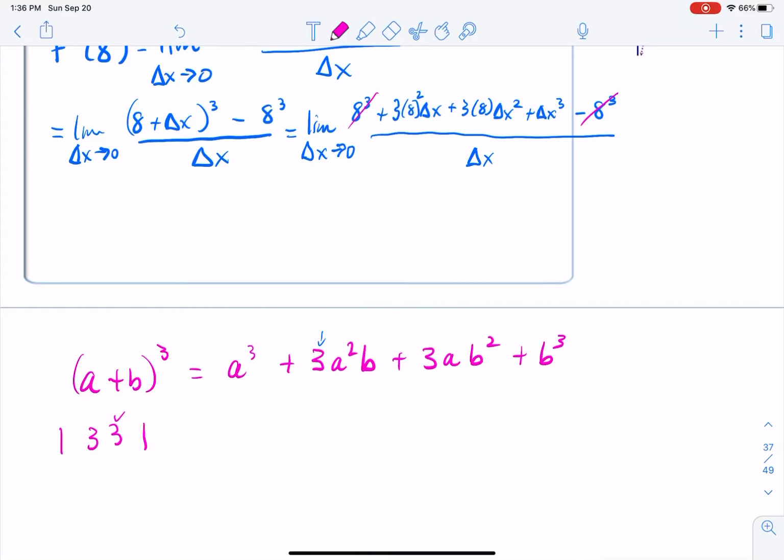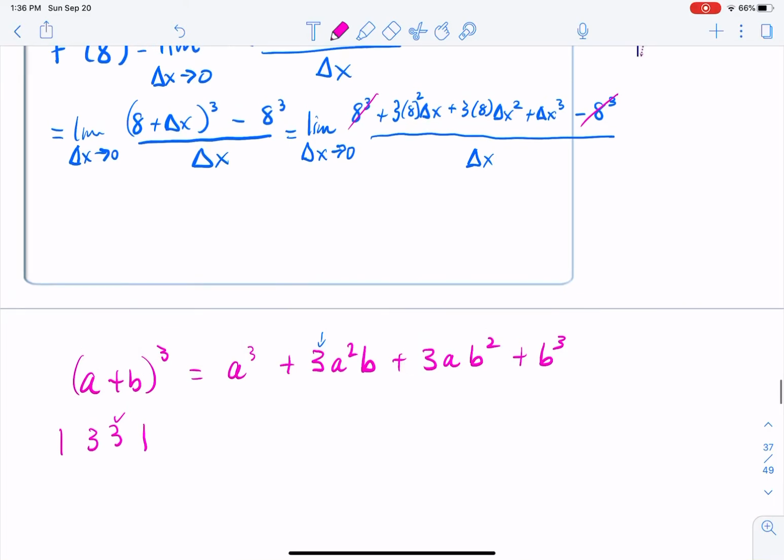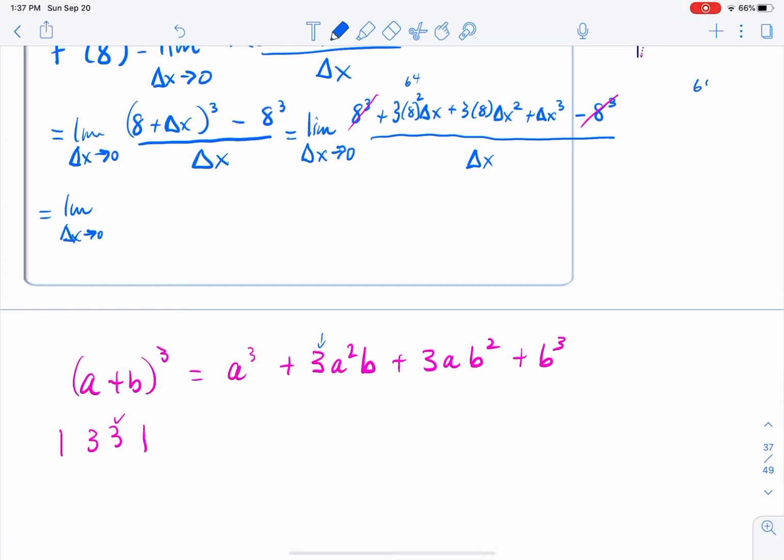However, it does look like everything has a common factor of delta x, which I'm going to factor out right about now. Limit delta x goes to 0. Let's see, that would be 64. 8 squared, 64. And then 64 times 3, 8, 180, and 12, 192.